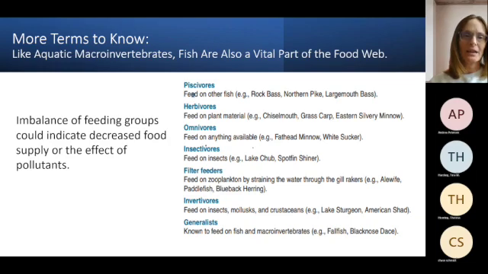Omnivores can feed on anything, animals or plants. Insectivores only eat insects, and filter feeders filter out the plankton and use that for food. Invertivores only feed on invertebrates, so they can feed on insects and mollusks or crustaceans. And then there are generalists that are known to feed on all fish and macroinvertebrates. So that's just some terms you can look over and put together with our various fish.